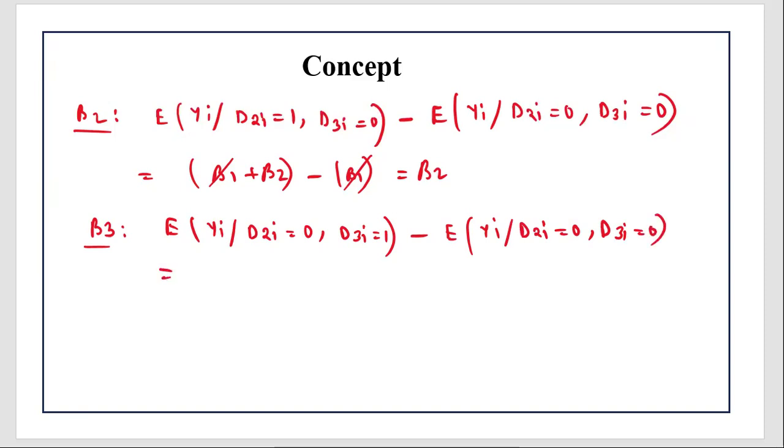Again, the similar logic: here it will be beta 1 plus beta 3, and then you have only beta 1, so beta 1 will cancel out and you will end up with beta 3. Right? So the slopes, beta 2 and beta 3, will give you how much the mean salaries of teachers in the northeast and in the south differ from the mean salaries of teachers in the west, respectively.